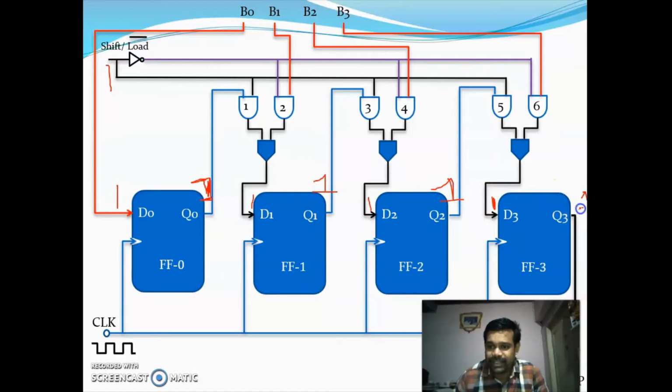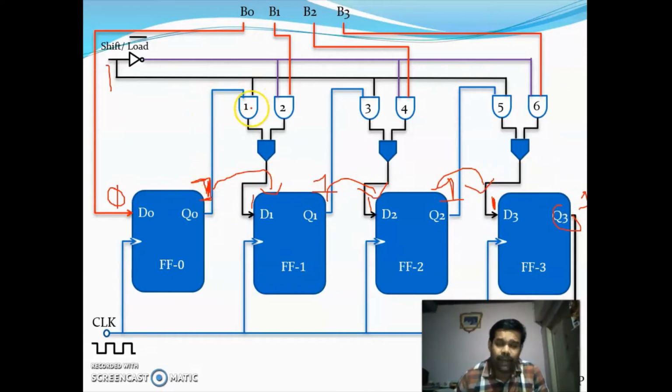So the first output we have got is in Q3. During the next clock pulse, here the input is 0; we are not giving any input. This one will be shifted here, again this one will be shifted here, this one will be shifted here, and this one will be shifted here. How?